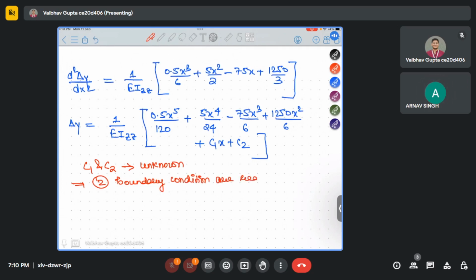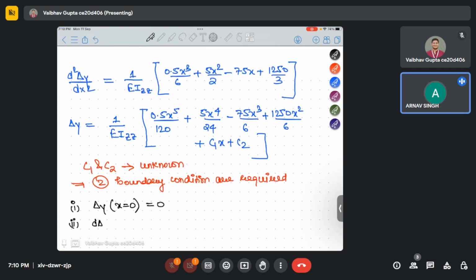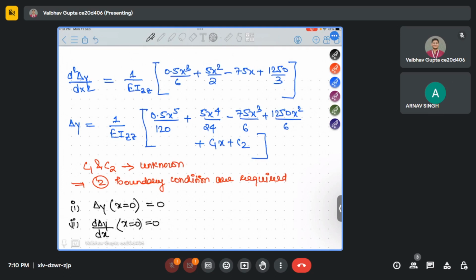So what are the boundary conditions we have? It's a cantilever beam. So deflection at x equal to 0, fixed end, will be 0. Also d delta y by dx, that is slope at fixed end, is always 0.